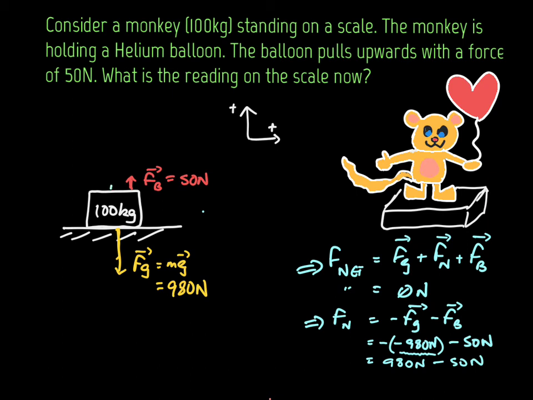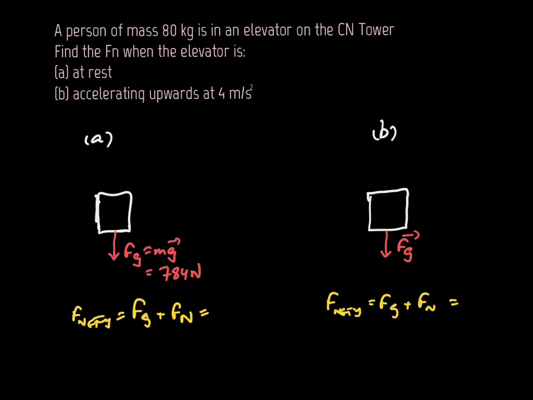And so it turns out that in order for these forces to balance, we have to have an Fn value of 930. So you can see that the Fn value is not equal and opposite to the Fg value because of this slight upwards force, which is causing the monkey to feel a little bit lighter.